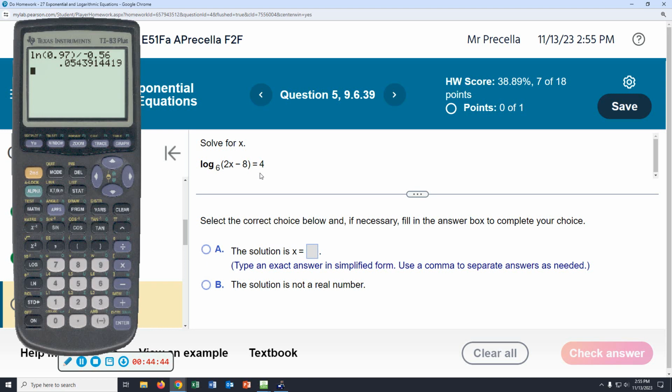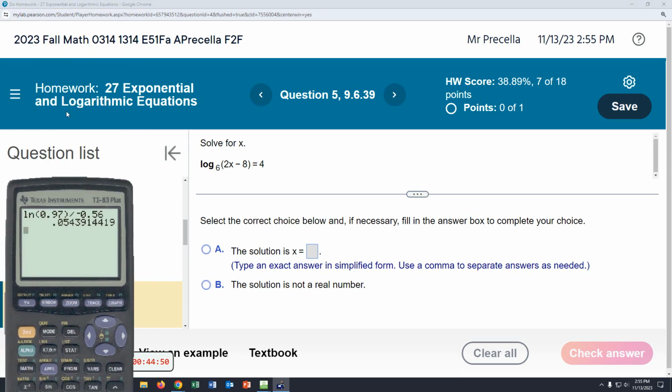These have logarithms. We're now solving the logarithmic equations. Logarithmic equations contain logarithms. So, number 5. Log base 6 of 2x minus 8 equals 4.